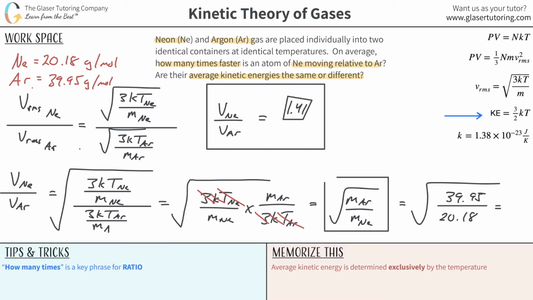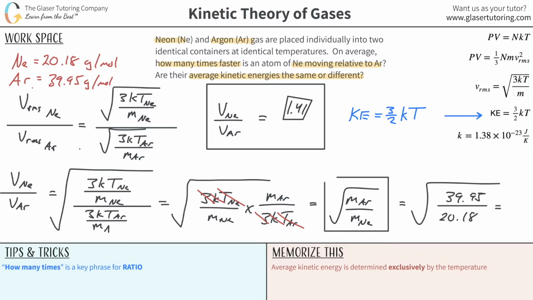This formula tells us that the average kinetic energy of a single atom or a single molecule is equal to 3 divided by 2 multiplied by the Boltzmann constant multiplied by the temperature of that atom or molecule.